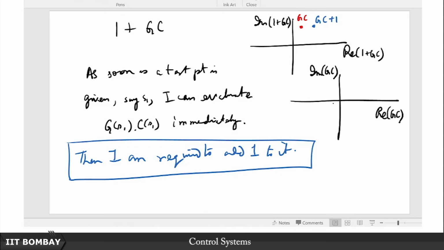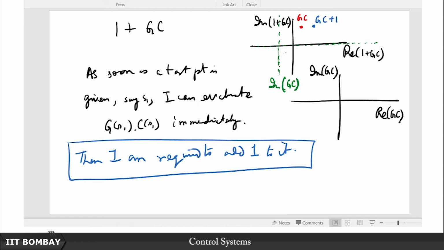If I try to draw this on the same plot here, this green fellow would be my imaginary part of GC, and this would be the real part. You see, this is after all just a real shift, so it is the imaginary axis that gets shifted. The imaginary part does not get affected by the addition of this 1.